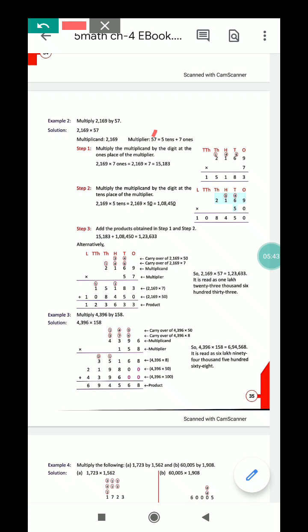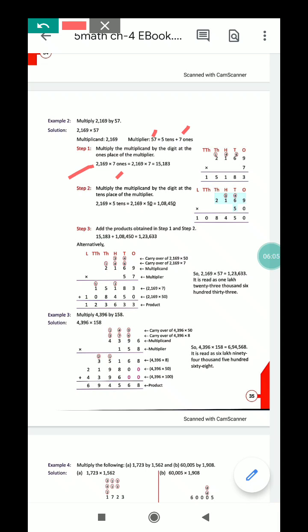That means 5 tens plus 7 ones. Now step 1, what will we do in step 1? Multiply the multiplicand by the digit at the ones place of the multiplier. That means 2169 into 7 ones, this one.